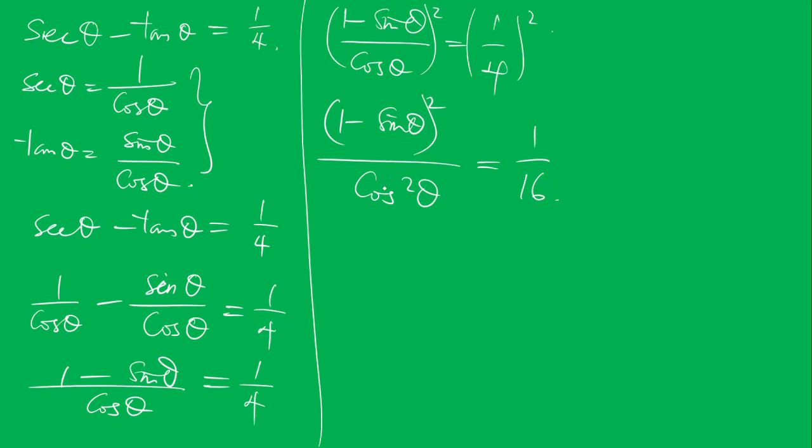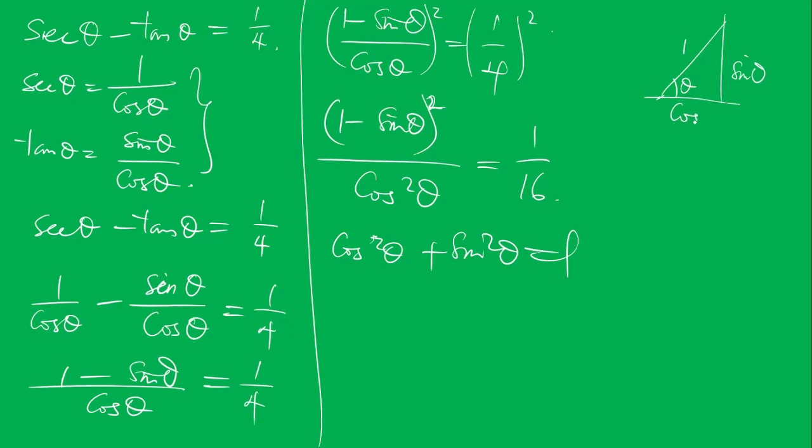Now you know cos square theta plus sine square theta is equal to 1. Let's say here is 1, you have theta here, so here will be sine theta, here will be cos theta.